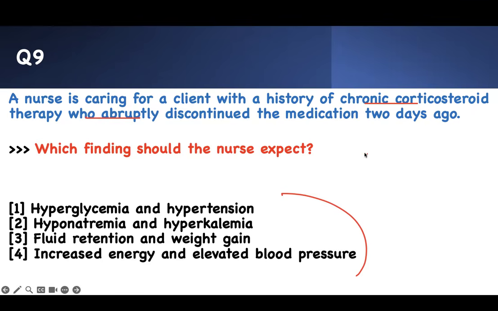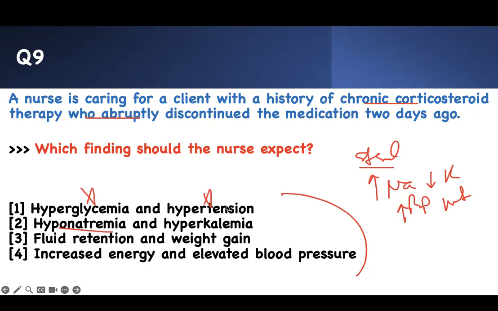Now, it's on steroid. I know what steroid does. Your sodium goes up. Potassium goes down. Your blood pressure goes up. And you gain weight. If you don't have steroid, just flip the numbers. Your sugar is not going to go up. Your blood pressure is not going to go up.